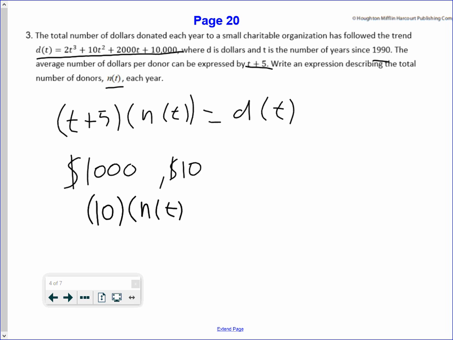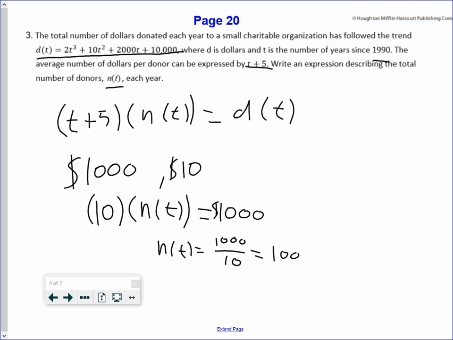I don't know how many people there are, but I do know that $10 multiplied by the amount of people that donated should equal the total amount donated. So in this case, N of t, I can get that by dividing 1,000 by 10, and I'll get 100.